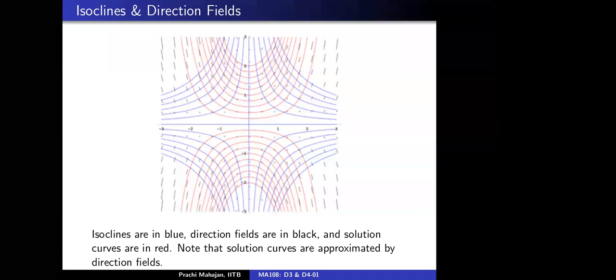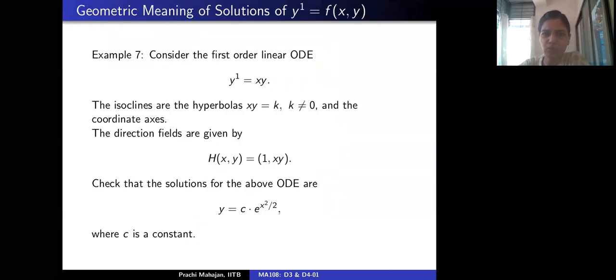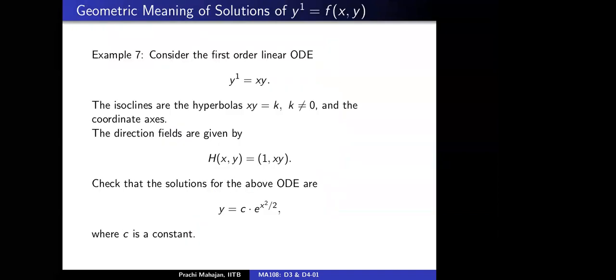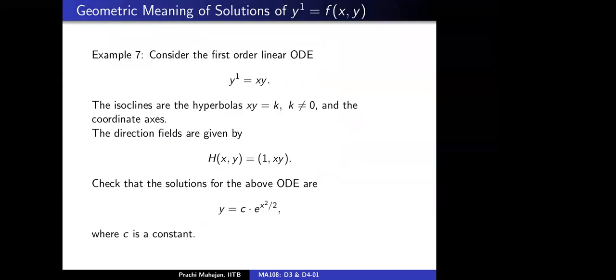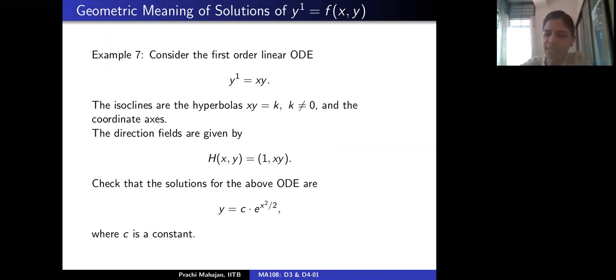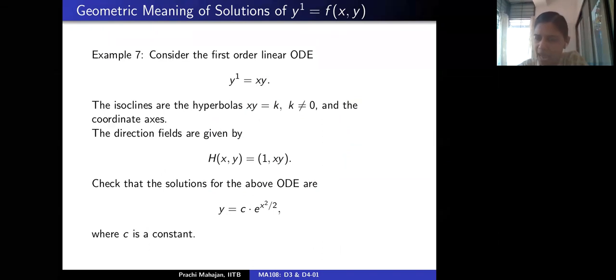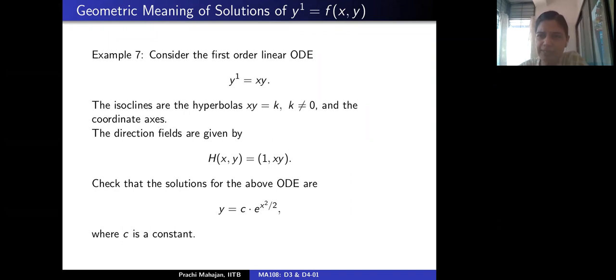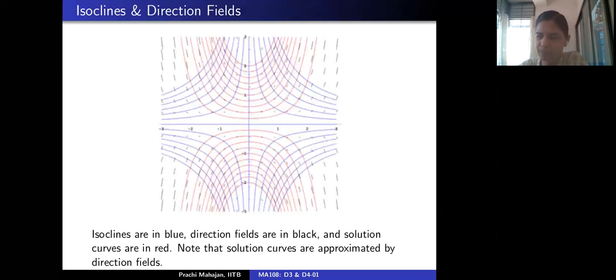Let me go back to the previous slide. In this example, 1 comma xy is just a way of analytically writing a vector at the point (x,y) with slope xy. So in general, it is f(x,y), as you said. Does that answer your question? Is that okay?